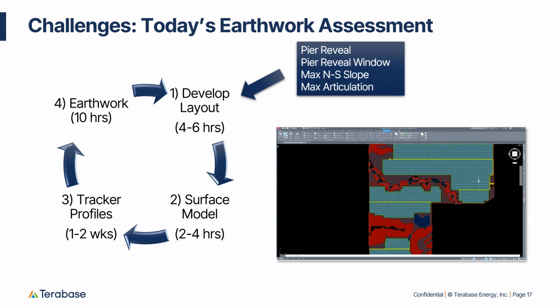And the only way to really do it, to get accurate numbers, is to design the tracker profiles. And some of your sites are going to have hundreds and hundreds, if not thousands, of tracker profiles. And so you'll have to design all those profiles. That's what takes so much time. So we'd like to shrink that amount of time to get it more in line with how we estimate other earthwork for other elements of the site.